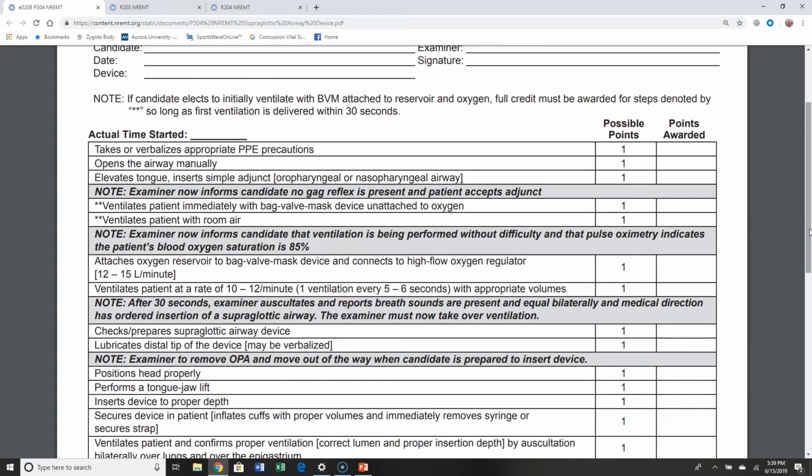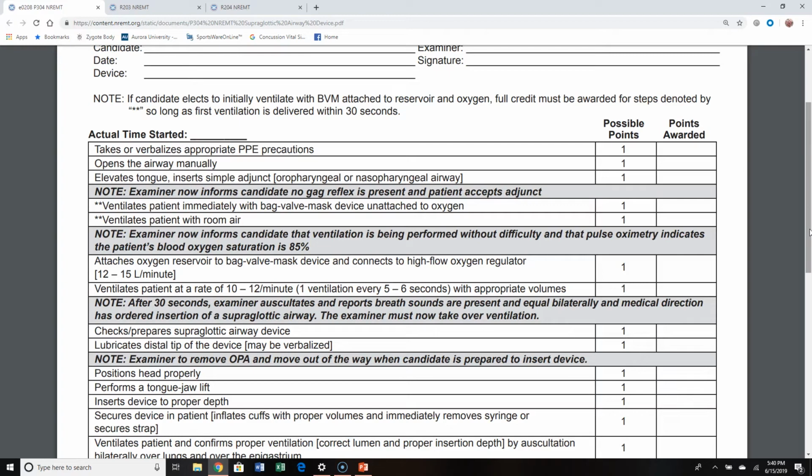But as soon as it's available, we should be using it, and remember that we need a flow rate of at least 12 liters per minute on a bag valve mask, usually higher, up to 15, especially if you have a really big patient, where you're moving a lot of tidal volume per squeeze.